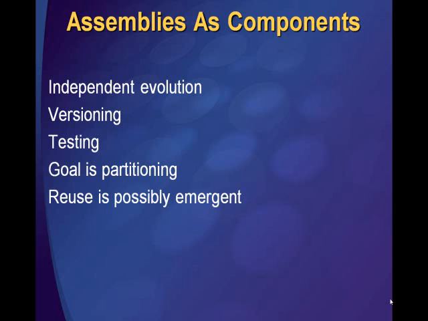But the important thing to realize is that what we are trying to get to here is partitioning to allow these assemblies, or these groups of assemblies, to evolve independently. Reuse may emerge, but it's not the goal. Reuse in a real way is very difficult to achieve and only comes with a great deal of experience over time.